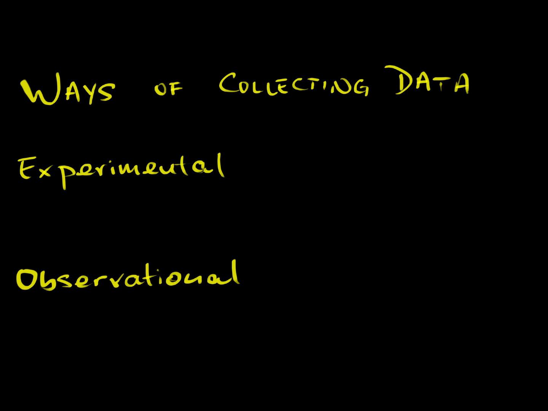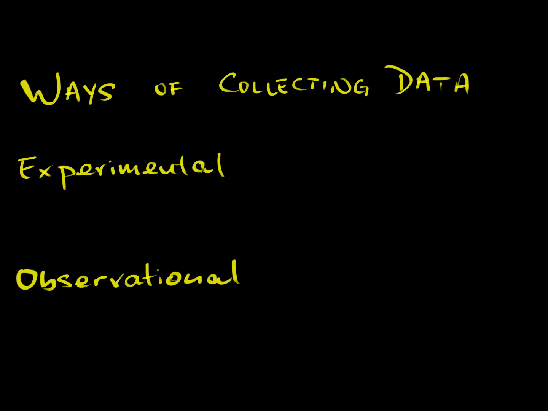Okay, so this relates to, and now I'm going to go next into the ways that data are generated and collected. I want to make a big distinction between two types of data: experimental data versus observational.